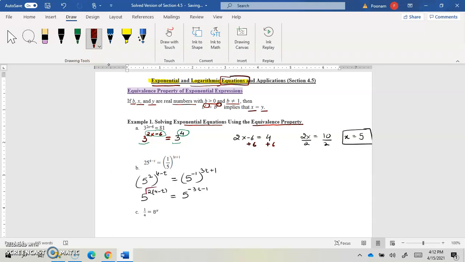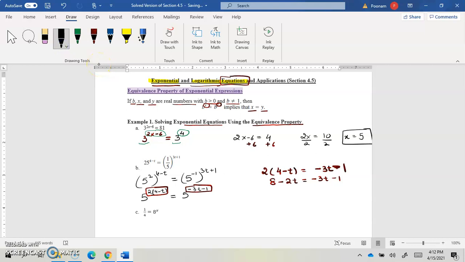Now we can say the base on both sides is the same. That means the exponents should be equal to each other. So we can say 2 times 4 minus t is equal to negative 3t minus 1. We can distribute it. 8 minus 2t is equal to negative 3t minus 1. We can solve it by isolating t on one side.